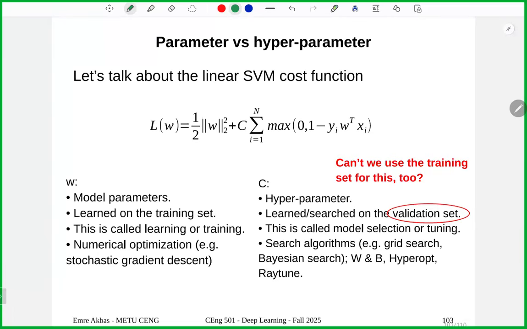What would happen if you use the training set to find the value of C? Okay, C will be overfitted to the training set. But C is just a scalar, just one number. What does it mean to overfit?